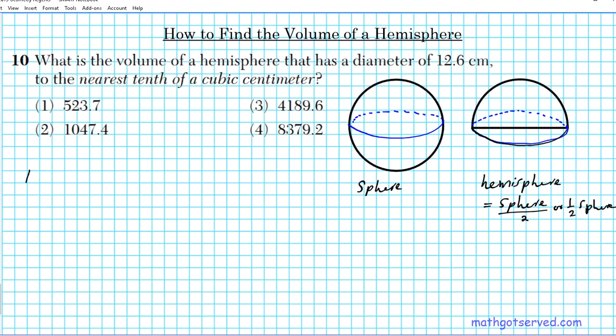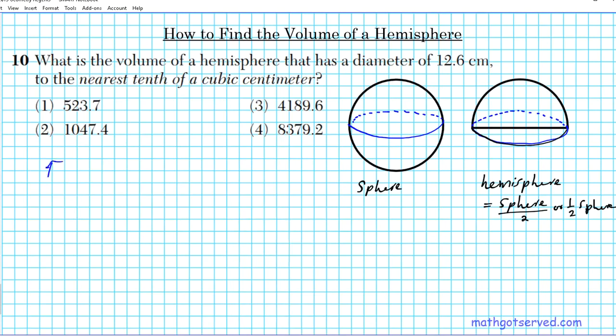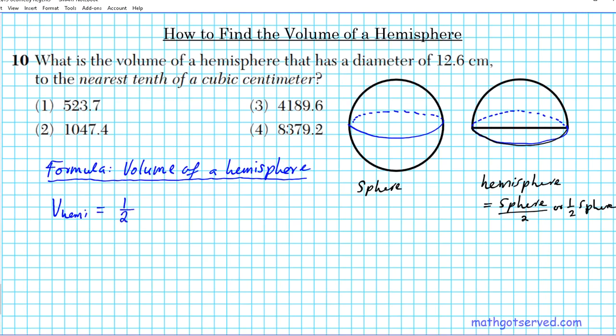So, let's write it down. Formula for the volume of a hemisphere. The formula for the volume of a hemisphere, let's just call it V of Hemi, is equal to 1/2 the volume of a sphere.